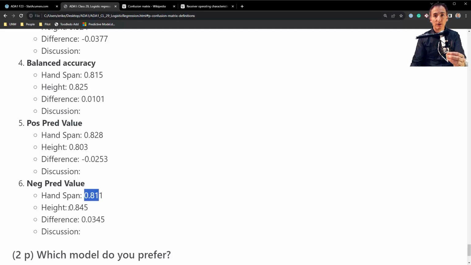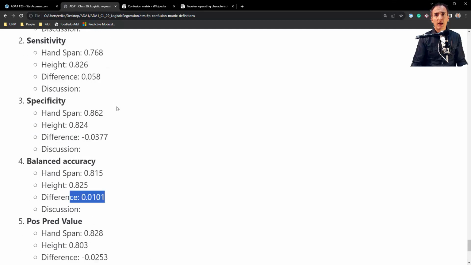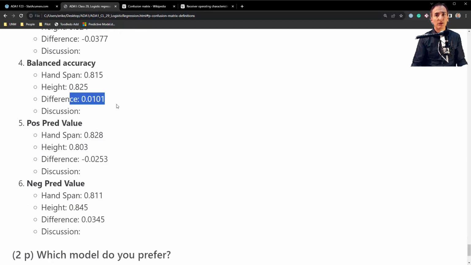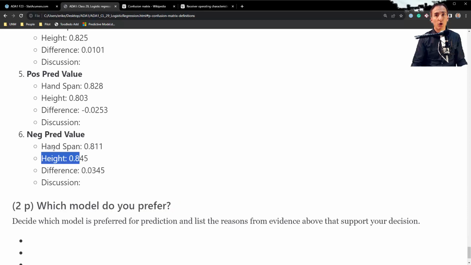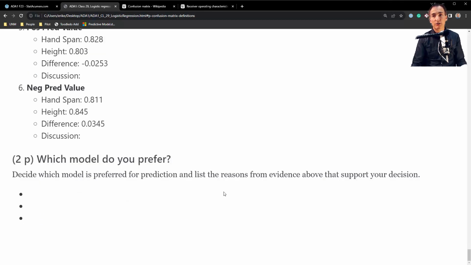We had 81 versus 84%, so a 3% difference, and the height model does slightly better in that scenario. Most of these differences are positive, and that leads us to preferring the height model over the handspan model, but just by a little bit. Okay, so that is the overall summary.